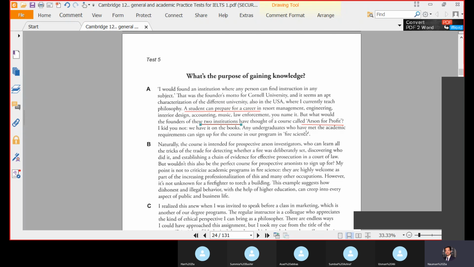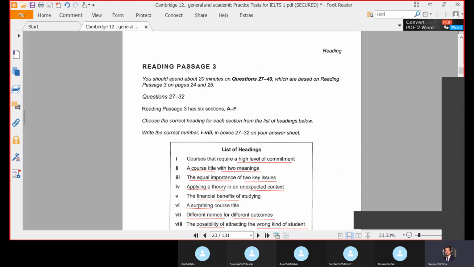Any undergraduates who have met the academic requirements can sign up for the course in our program in fire science. Alright, now let's move back to our list of headings. You have only 10 seconds. Read all the list of headings. What do you think will be the answer of this question? And then we discuss which is the correct answer.